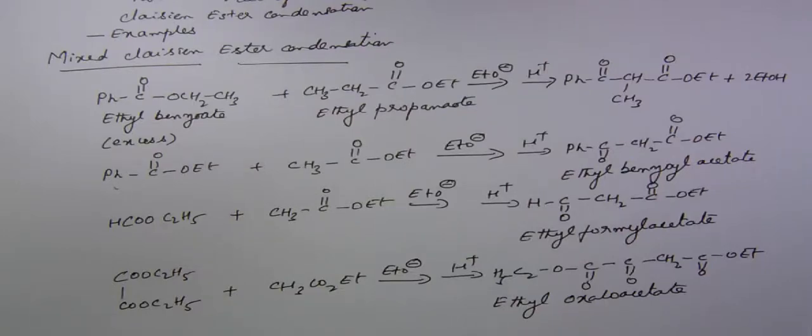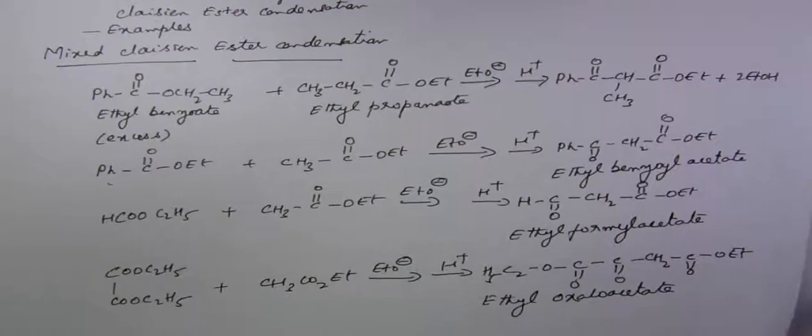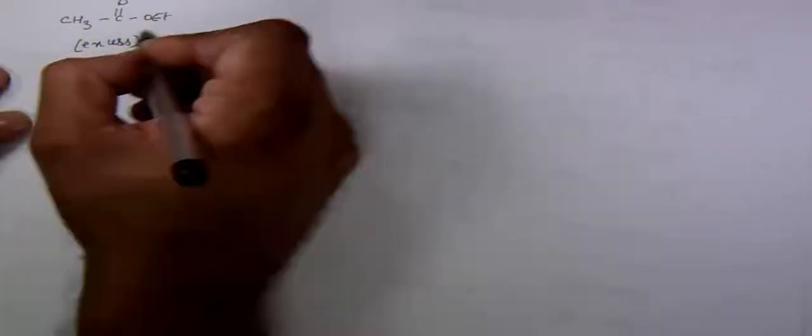Now of course it's not necessary to use only esters together. We can even use a ketone and an ester. So suppose I use an ester, ethyl acetate, and I take this in excess and I treat this with a ketone.